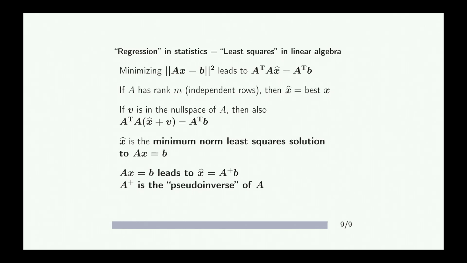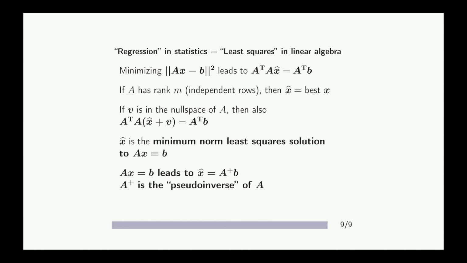It minimizes the length. If there's a solution to Ax equal b, then we take that x and we get Ax minus b would be 0. But when we have null spaces and things around, we may not be able to get Ax equal b. But what we can get, and do get, is the equation A transpose times A times x equals A transpose times b.